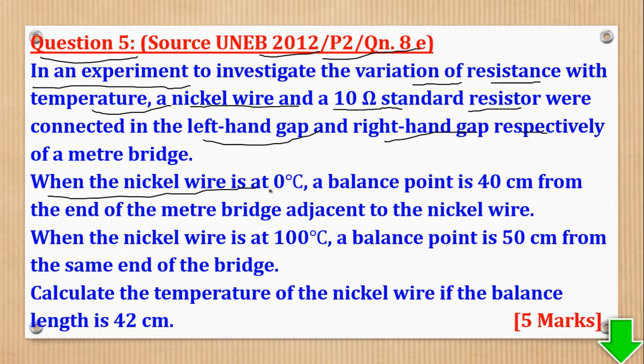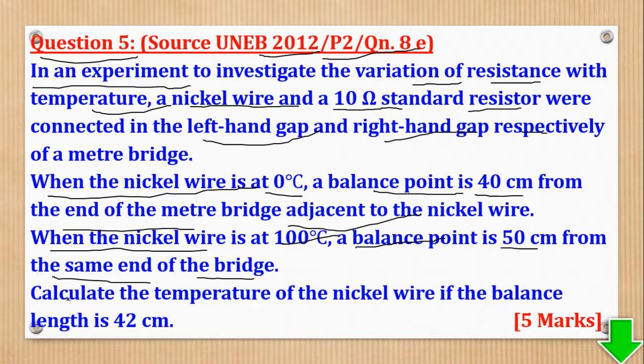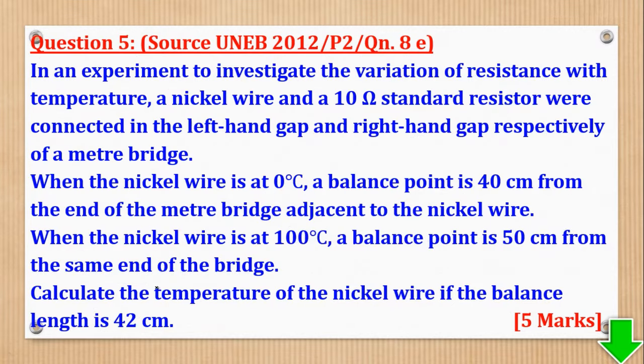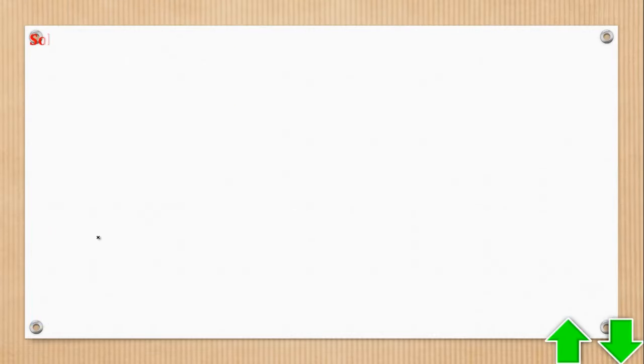When the nickel wire is at 100 degrees Celsius, a balance point is 40 centimeters from the end of the meter bridge adjacent to the nickel wire. When the nickel wire is at 100 degrees Celsius, a balance point is 50 centimeters from the same end of the meter bridge. Calculate the temperature of the nickel wire if the balance length is 42 centimeters. So still we shall make the same sketch.